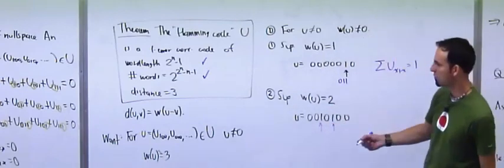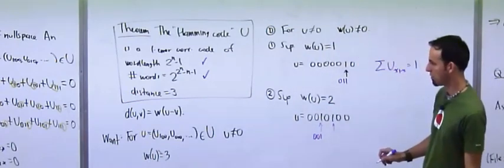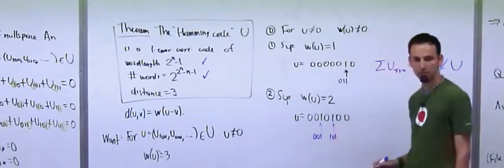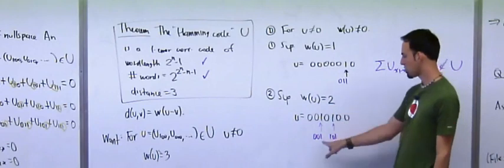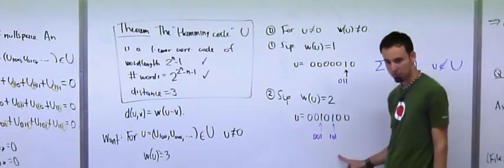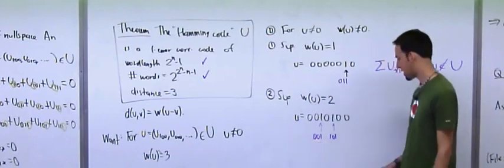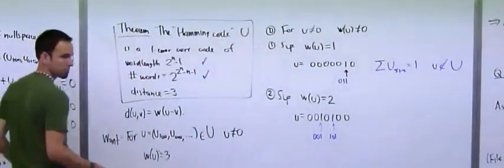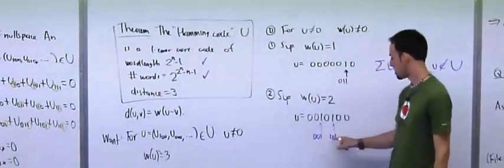So they happen to be 0, 0, 1 and 1, 0, 1. But this could be any two labels, as long as they're different. Because they're different, what can I do? If they're different, they have to disagree somewhere. So I'm going to pick a coordinate where they disagree.